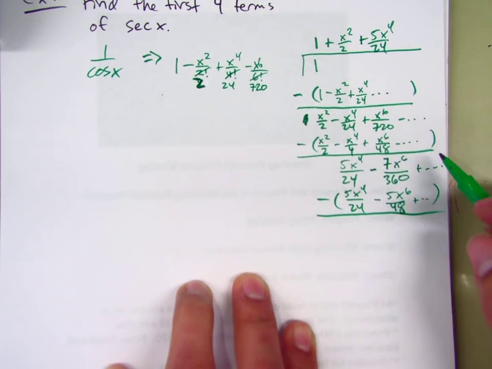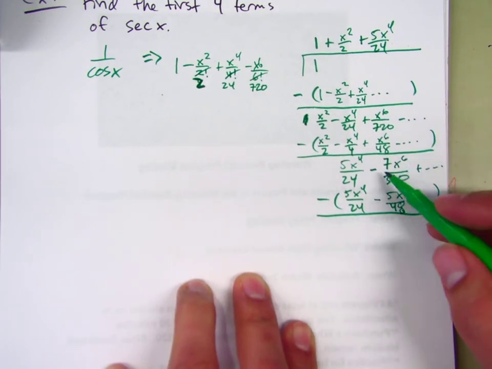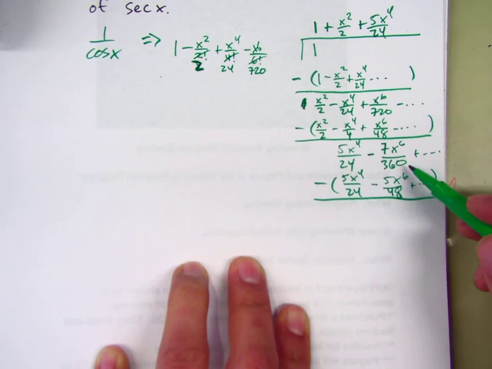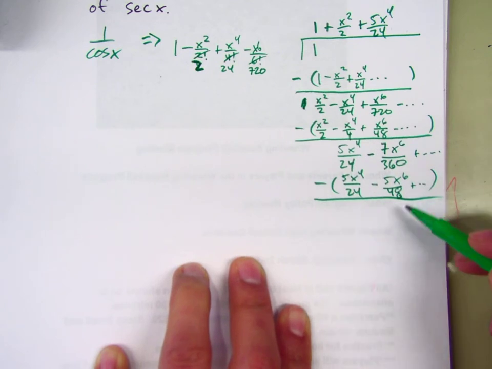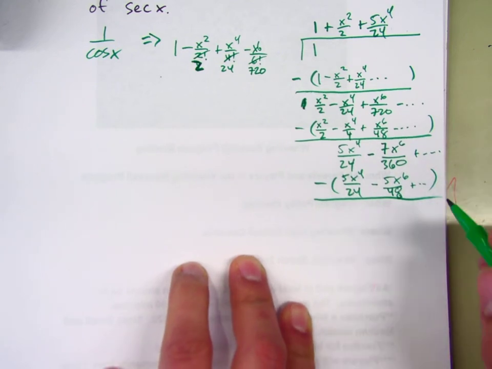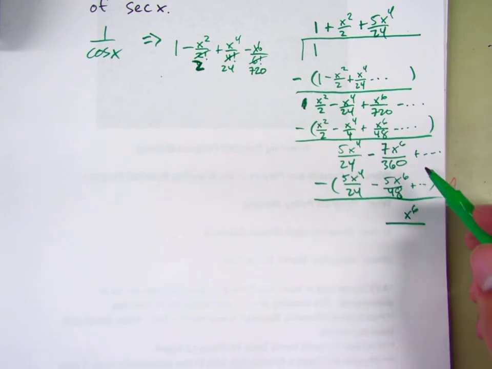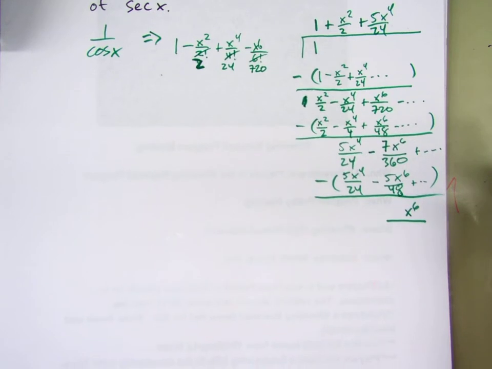These cancel out. And now it's just, what is this going to be? Negative 7/360 plus 5/48. Uh, 61 over 720.